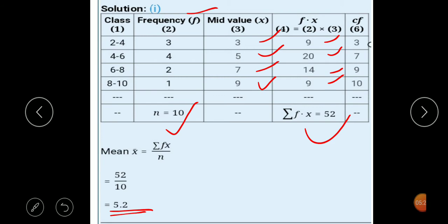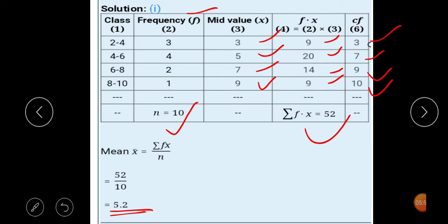So for cumulative frequency, the first term is 3, and as it has no preceding term, the first number will be 3. Now for the second, 3 plus 4 we get 7, then 7 plus 2 we get 9, 9 plus 1 we get 10. These are the cumulative frequencies. So we got the cumulative frequencies in the table.